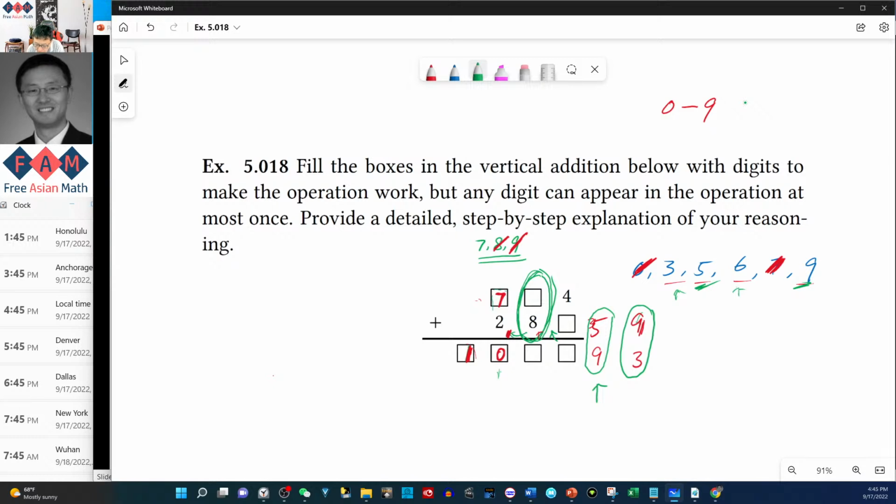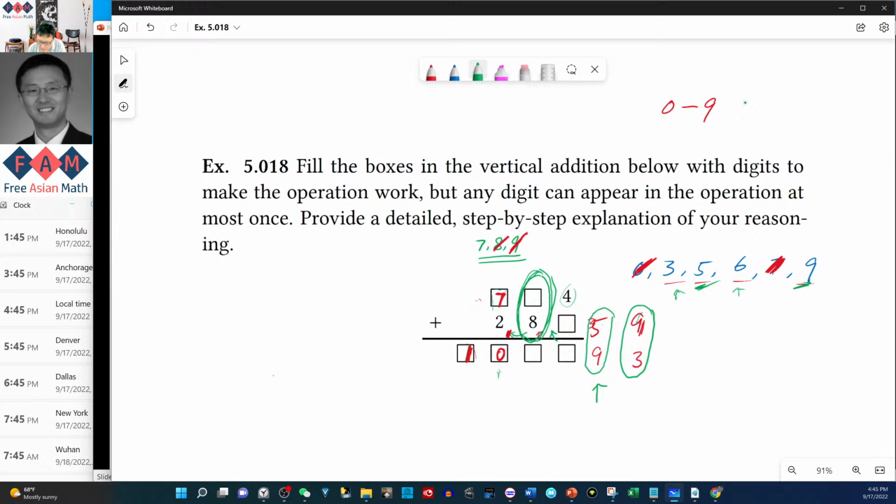On the other hand, if you add 6 to 8, remember now we assume 5 and 9 were taken by the unit place digit, so only 3 and 6 can be tried for this tens place value. And 6 plus 8, that's 14, but 4 is here. So if we have 5 and 9 in the unit place, that won't work.